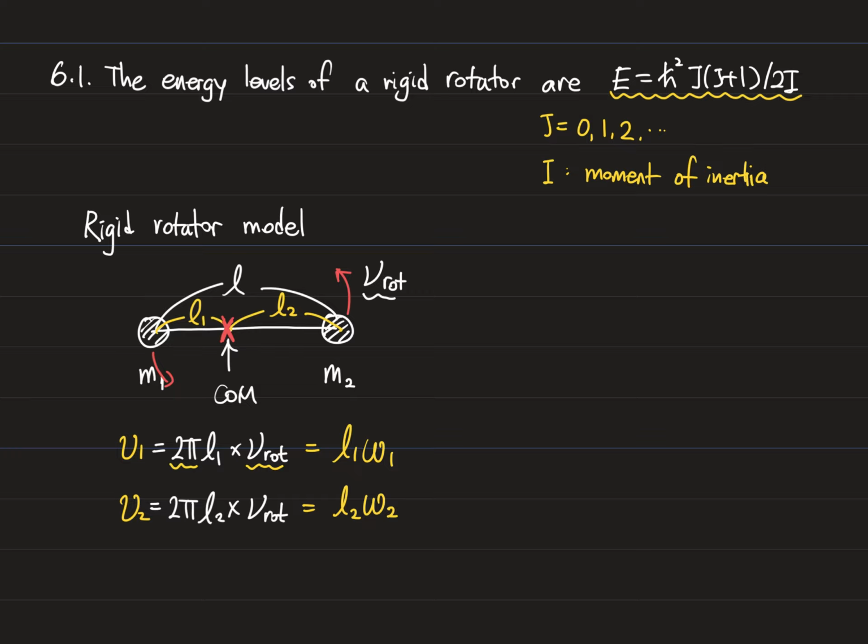Oh, sorry, there should be one omega here, right? Even though they have different velocities, their angular frequency and angular velocity should be the same because they are rotating as one body.